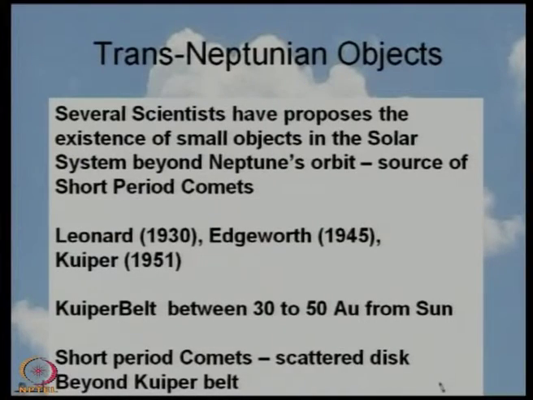So, if you disturb them, the orbits will just get disturbed slightly, and it is believed that there is a disk of objects which extends beyond the Kuiper belt, which is referred to as the scattered disk. Okay. And scattered disk objects could possibly be what give rise to these short period comets.